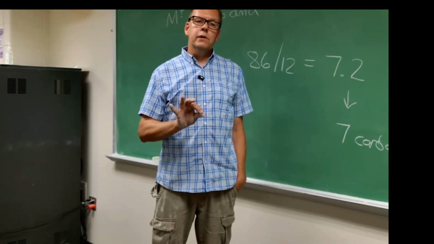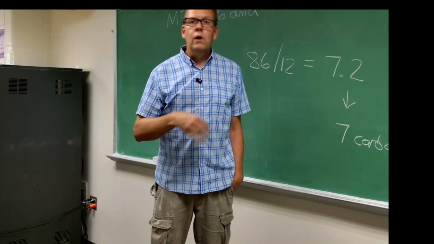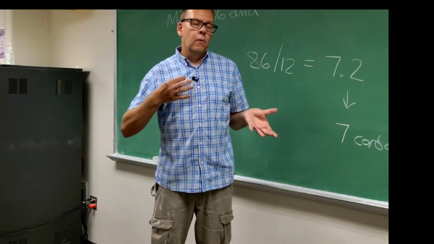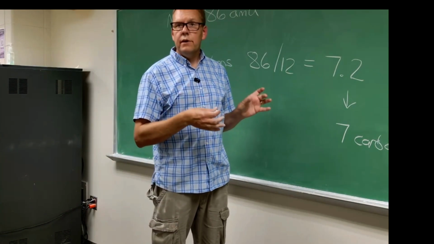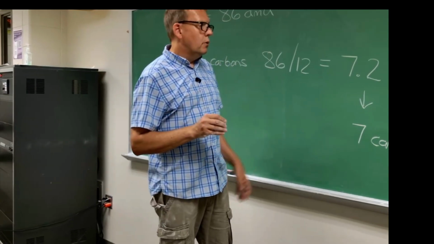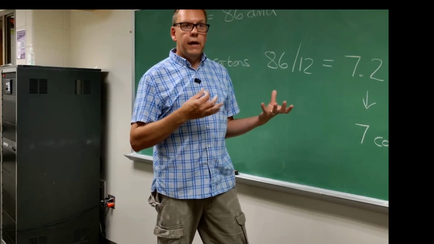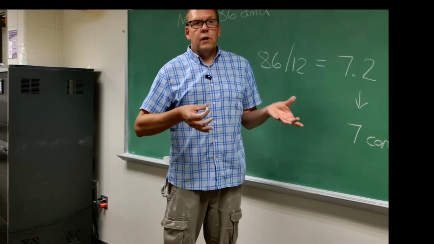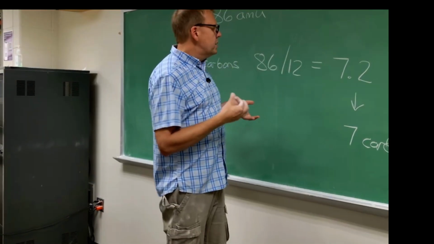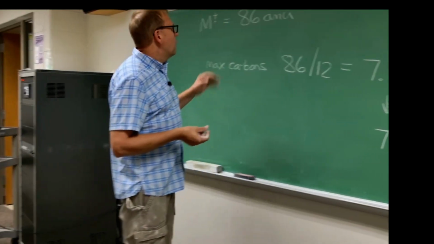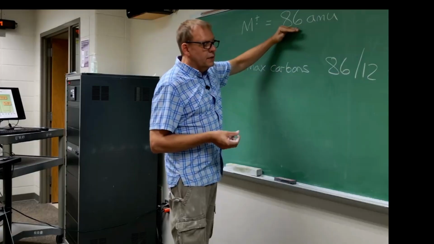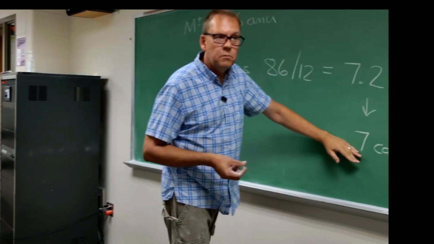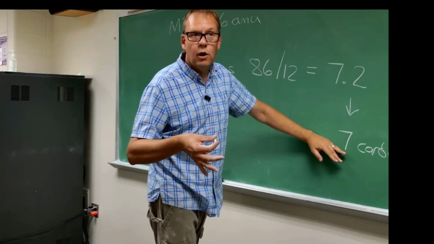Now that doesn't mean the molecule has exactly 7 or close to that, but at least it tells you it doesn't have 8. And if you knew this molecule had only carbons and hydrogens in it, you could start figuring out what are some reasonable molecular formulas that would get you to 86 if you consider that 7 is the maximum number of carbons it could have.